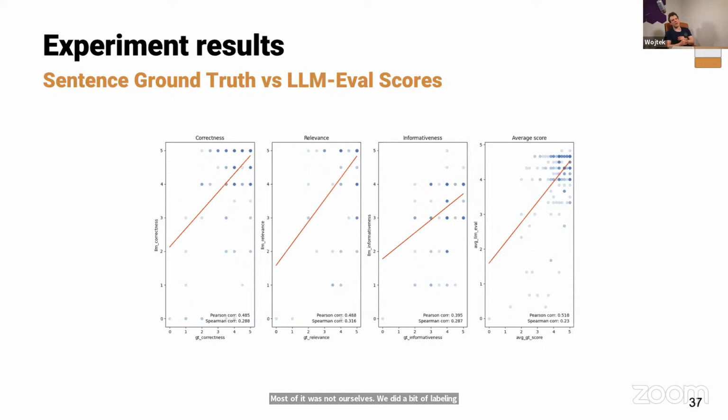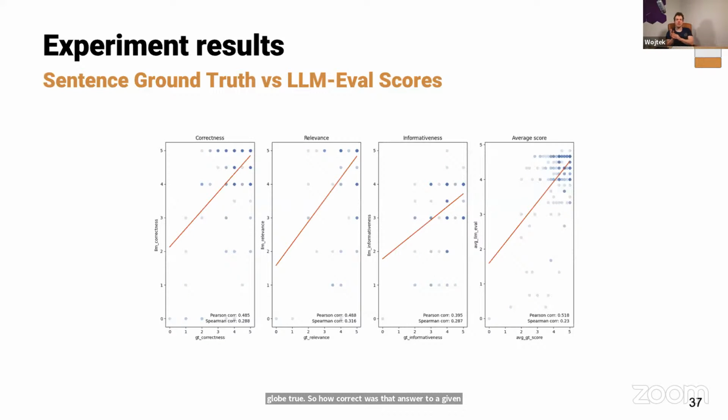And then we are measuring the correlation, whether it's Spearman or Pearson correlation, which is the standard across the literature on hallucination detection, of the automated hallucination detection algorithms. So here what you see is the sentence ground truth, so how correct that answer was to a given prompt, and what was the evaluation of an LLM.